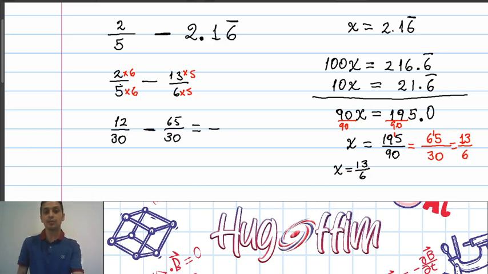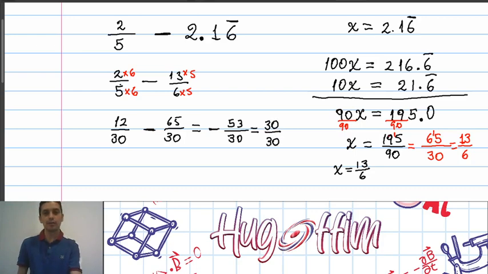And my answer will be minus, 65 minus 12 will be 53, negative 53 over 30. That will be our number. Or we can just simplify it as a mixed number by writing. I'm going to rewrite the expression so you can know.